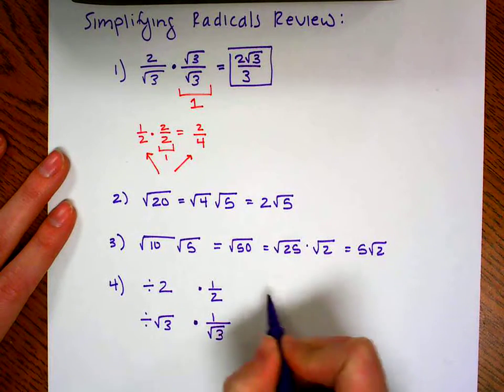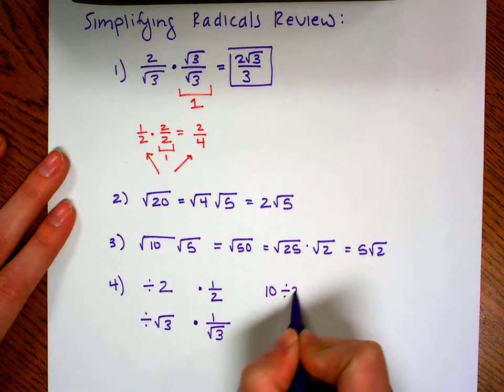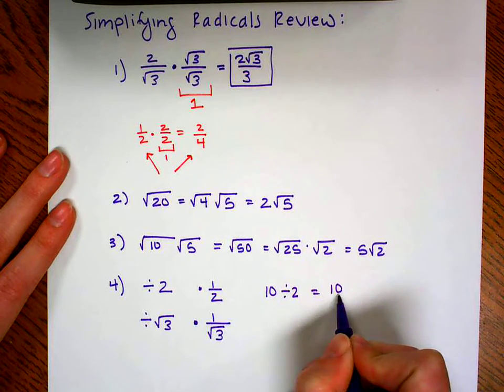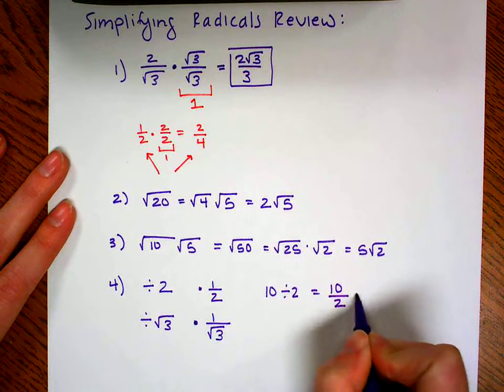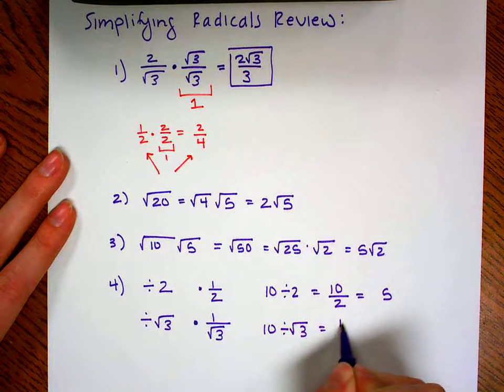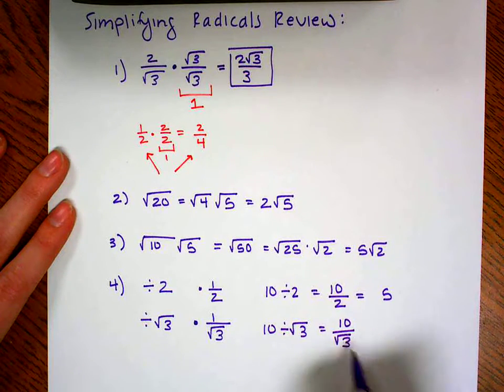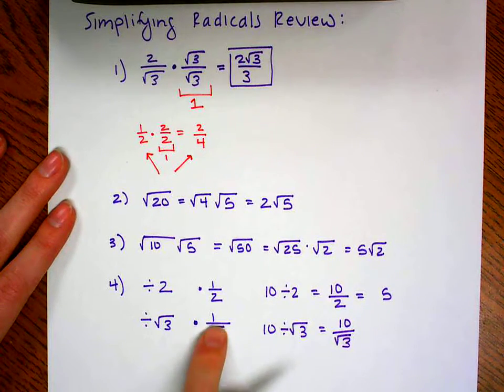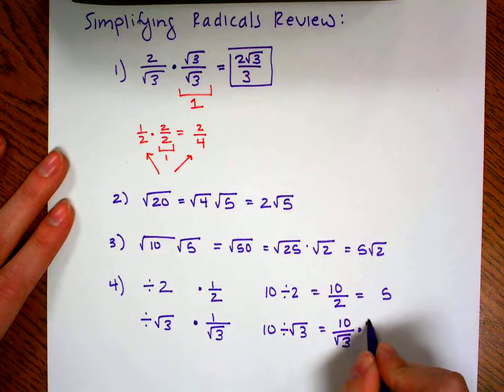So here's an example. 10 divided by 2. Well, that's just the same as 10 times 1/2, or 10 divided by 2. Okay? Or 10 divided by root 3 is the same as 10 over root 3, because we're multiplying by 1 over root 3. Well, this we're going to have to rationalize.